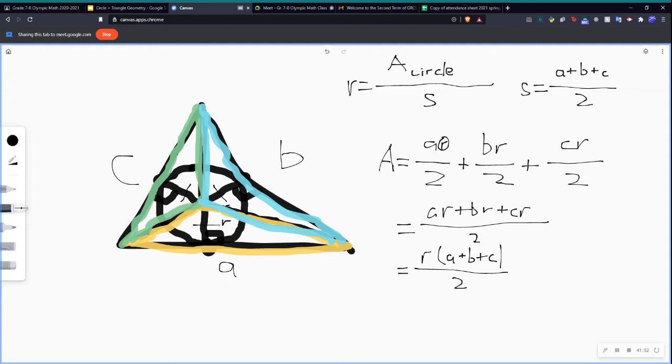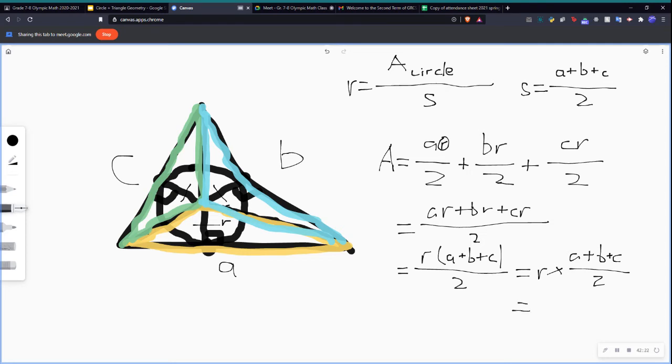Now what you'll notice here is that we can separate this denominator of 2 for A plus B plus C divided by 2. So I just took the R out and then just had A plus B plus C divided by 2 as the fraction.